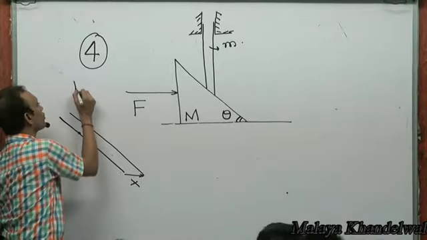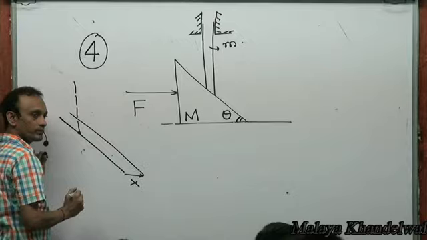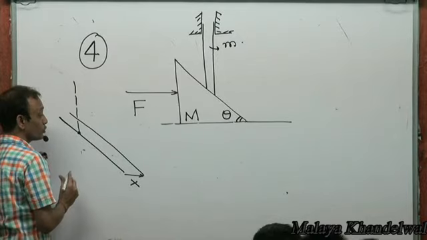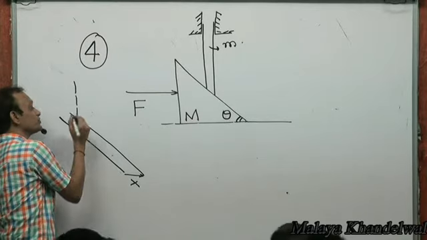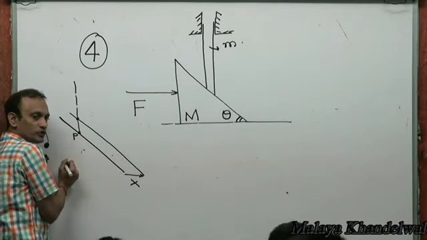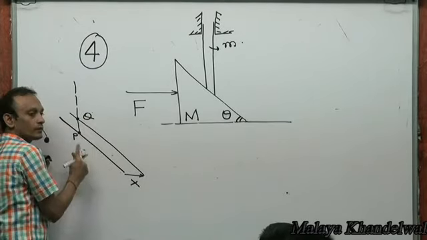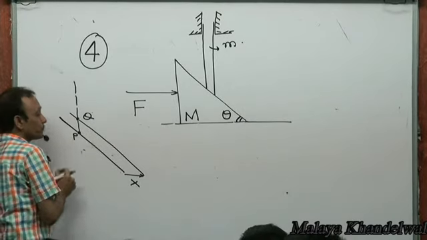This was the point of contact of the rod with the inclined plane. The rod will therefore move to this position. This was the point of contact of the rod initially. When the inclined plane comes to the new state, this would be the point of contact of the rod with the inclined plane. So, this is x units.